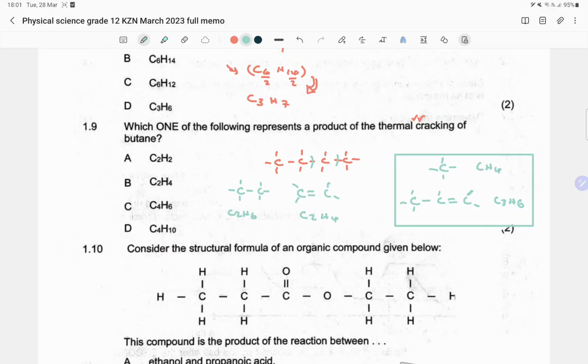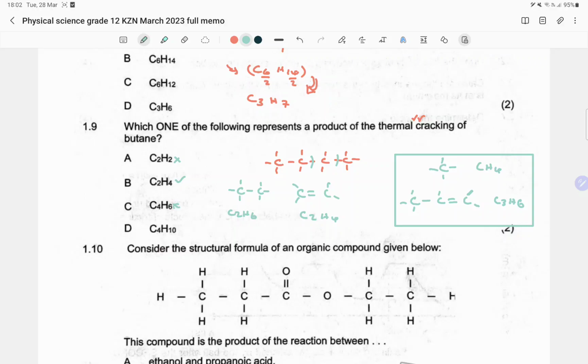C2H4. Great. So it says now, which one of the following represents a product of the thermal cracking of butane? Well, can we get C2H2? The answer is no. That one is not possible, as we can see that there's no C2H2 here. And then C2H4, yes, we have it.